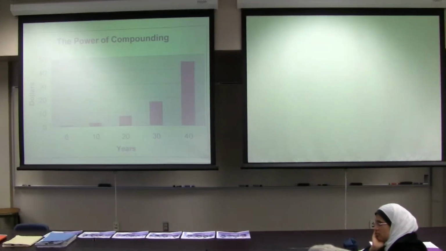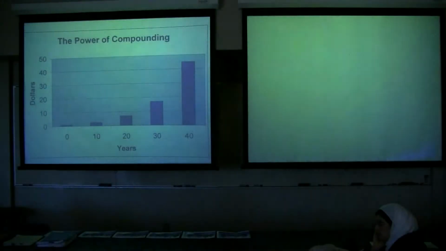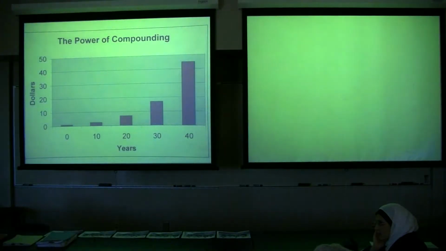So if you deposit $1 today, and it compounds, here's how it grows in value. So here's the number of dollars, here's the number of years, right? So here's $1 today. And it grows to $45 if you leave it in there for 40 years at 10%.